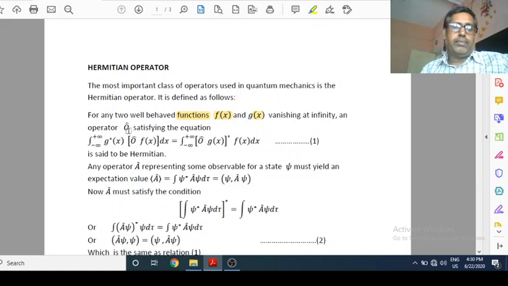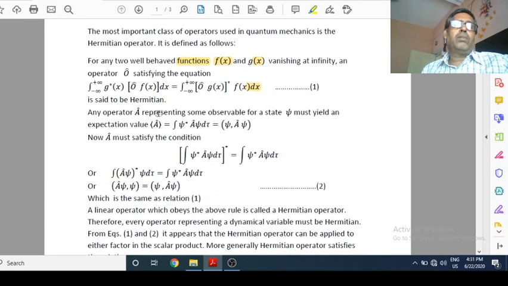You can see here O cap, if O is an operator, then it is a tradition to put a hat on it so that it represents an operator. And if any operator satisfies this condition, which is shown in equation 1, then we will say that the operator is a Hermitian operator.